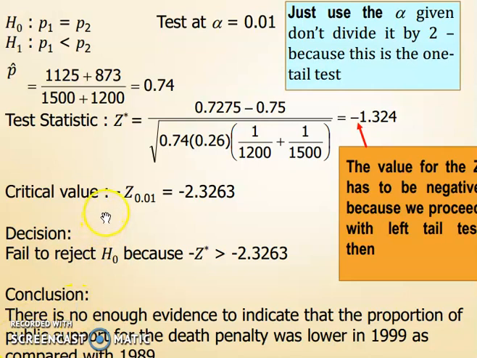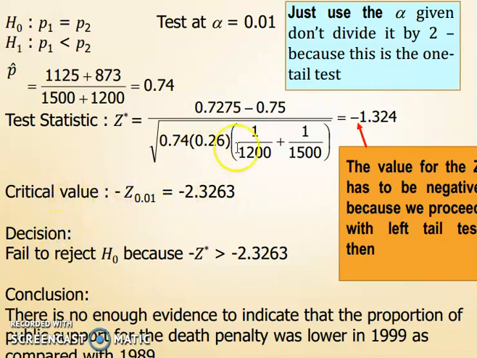For the critical value, since we are using the left tail, P1 less than P2, we are looking at the left side. Once we find the critical value for z 0.01, which is 2.3263, we need to put the negative sign here because we are referring to the left side.